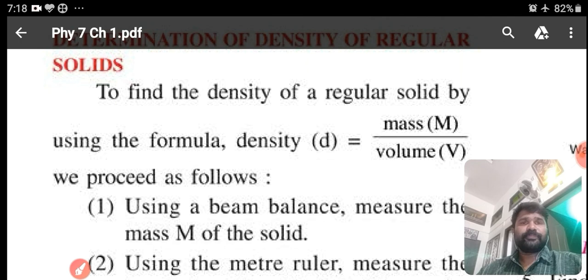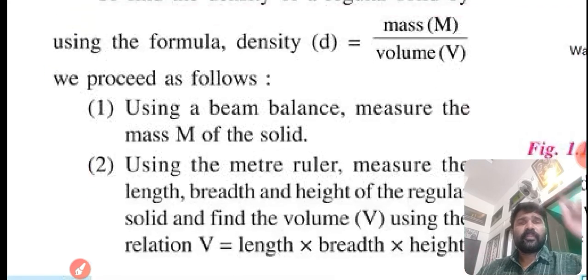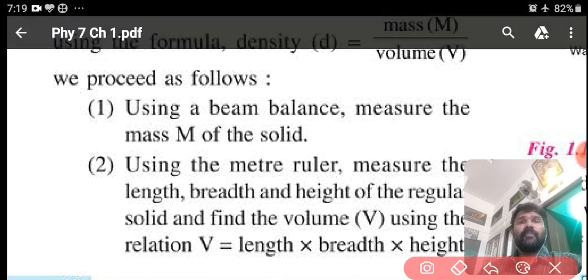First, using a beam balance, we have to measure the mass m of the given solid.